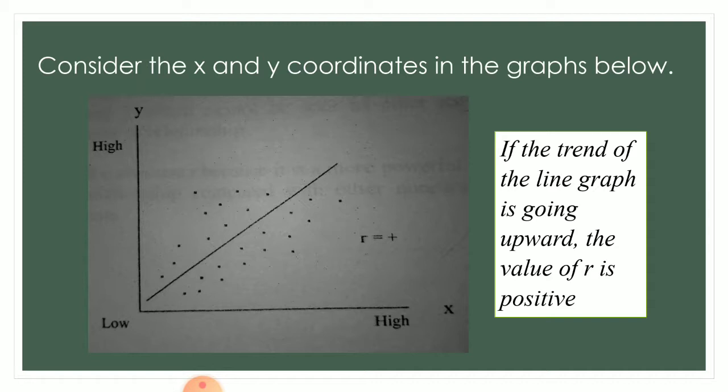Likewise, if the value of x decreases, the value of y also decreases. The x and y are positively correlated. In other words, the dependent and the independent variable are directly proportional to each other.